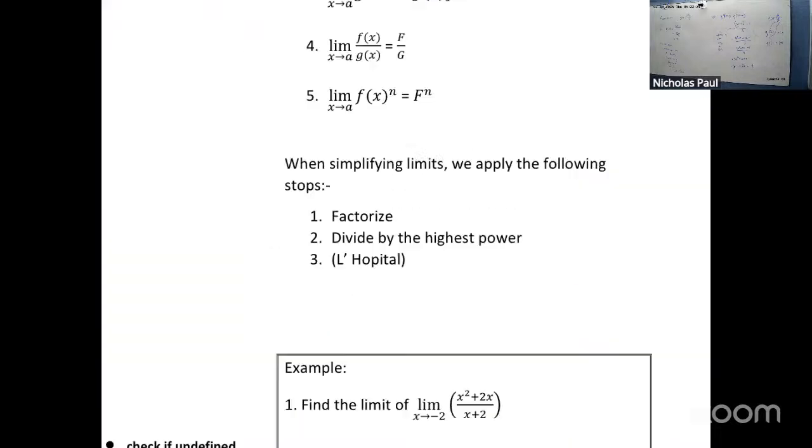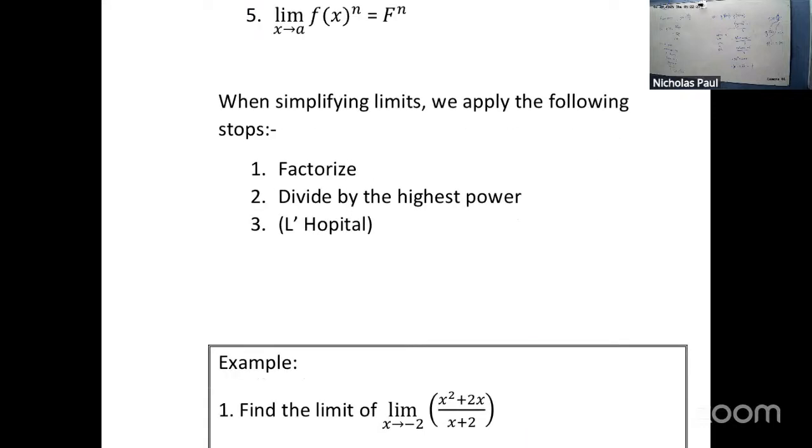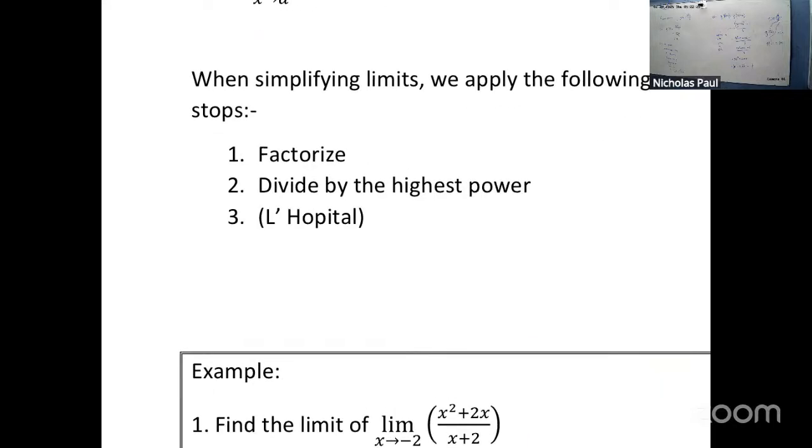Next, whenever we simplify limits we may end up with something called an indeterminate. Anybody remember what indeterminate is? It's when we have something over 0, or infinity over infinity. When you end up with something like that, it's said to be indeterminate.